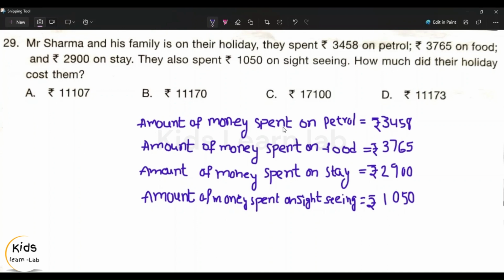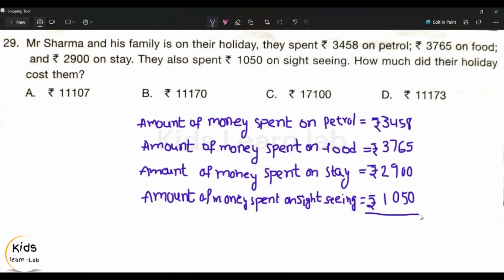So amount of money spent on petrol is equal to rupees 3,458. Amount spent on food is rupees 3,765. Amount spent on stay is rupees 2,900. Amount spent on sightseeing is rupees 1,050. So how much did their holiday cost them?